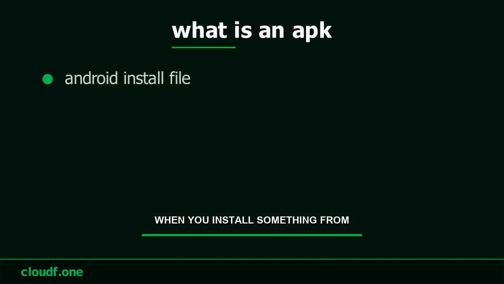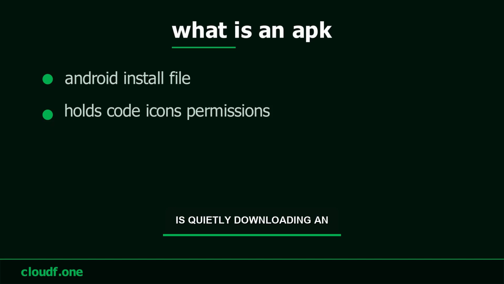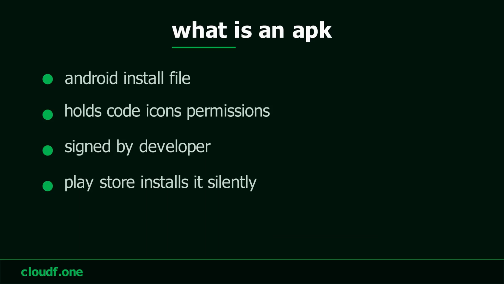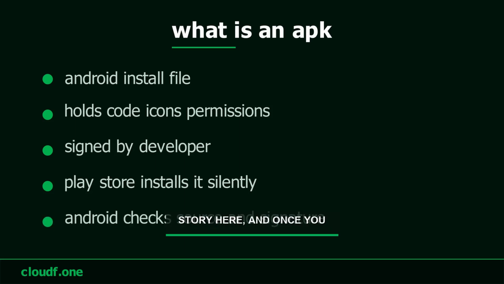When you install something from the Play Store, the store is quietly downloading an APK and installing it for you in the background. You just never see the file. An APK on its own is just a file sitting on the device. Nothing happens until Android installs it. And Android is fussy about where that file came from and who signed it. That fussiness is the whole story here, and once you get it, the four methods all make sense.